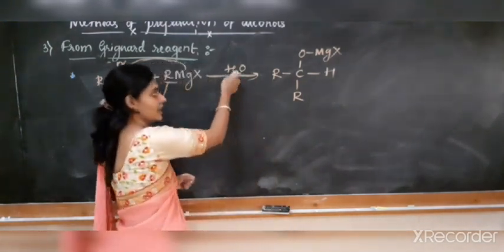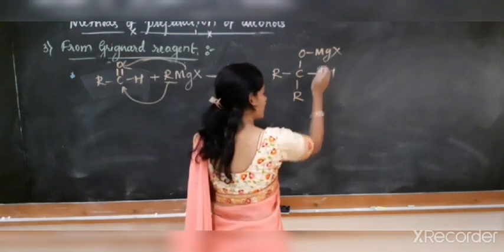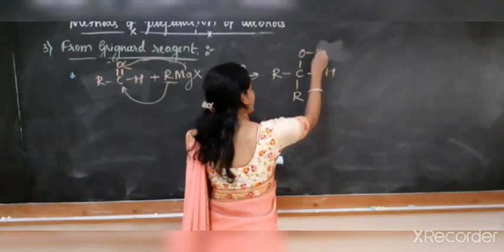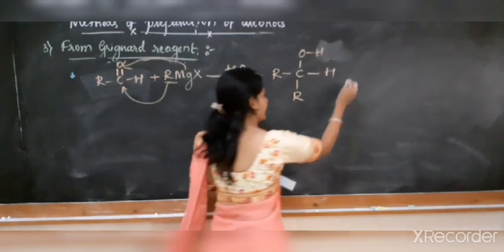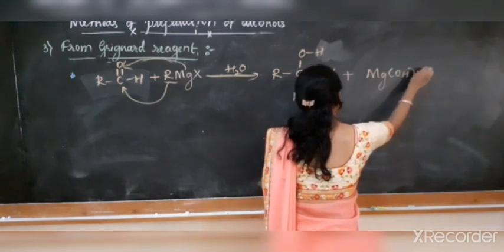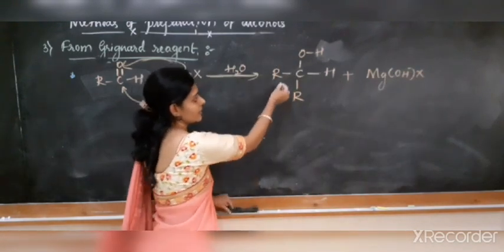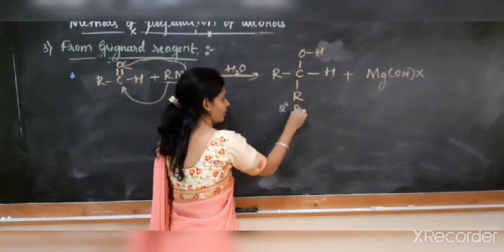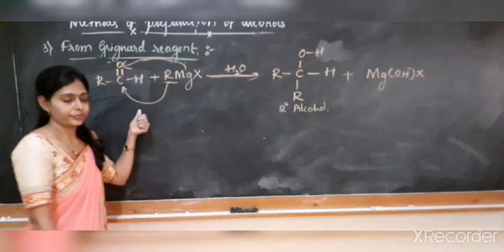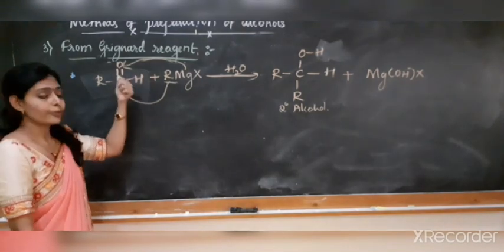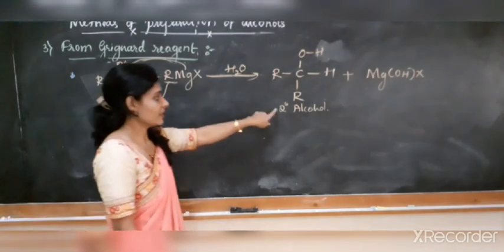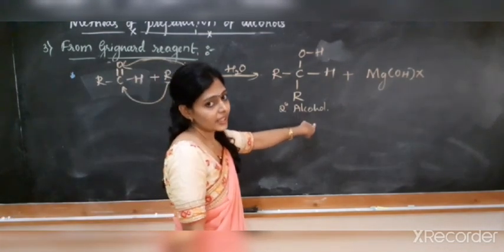On hydrolysis, this undergoes hydrolysis to form OH, and we get the byproduct MgOH. So see here, this is our secondary alcohol. As I said earlier, when we take any other aldehyde instead of formaldehyde, on reaction with Grignard reagent, it results in the formation of secondary alcohol.